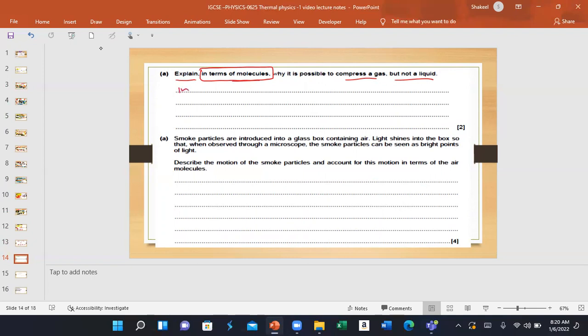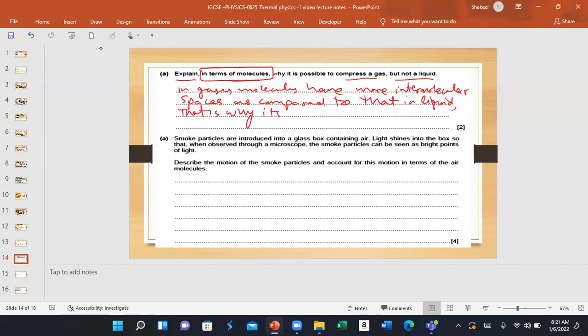So we can say that in gases, molecules have more intermolecular spaces as compared to that in liquid. That's why it's easy to compress a gas.